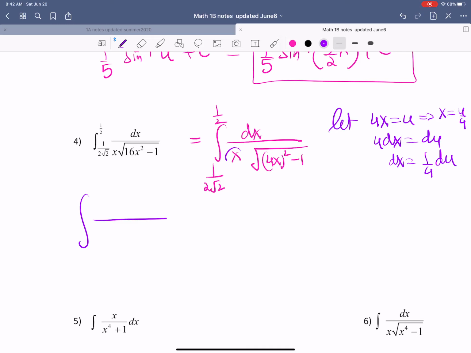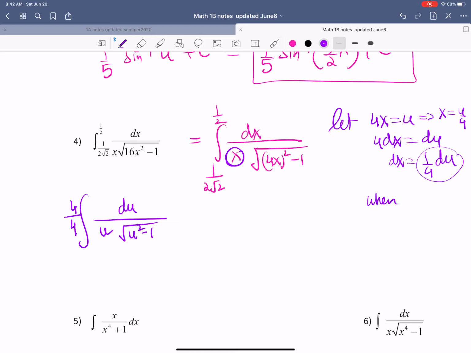All right, so a lot going on in this problem. First of all, I'm going to replace this x by u over 4. So I have a u over 4. It will go on the top. And then dx, I'm replacing by 1/4 du. And then I have square root of u squared minus 1. Let's take care of the bounds now.